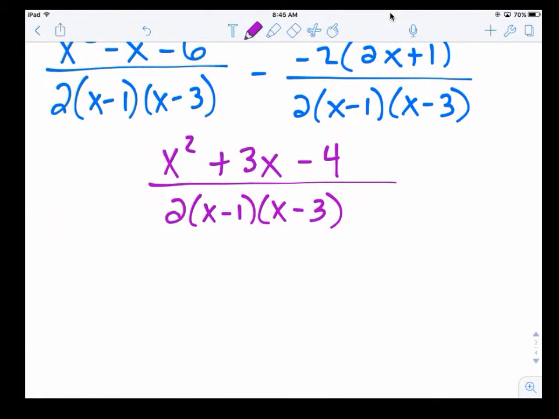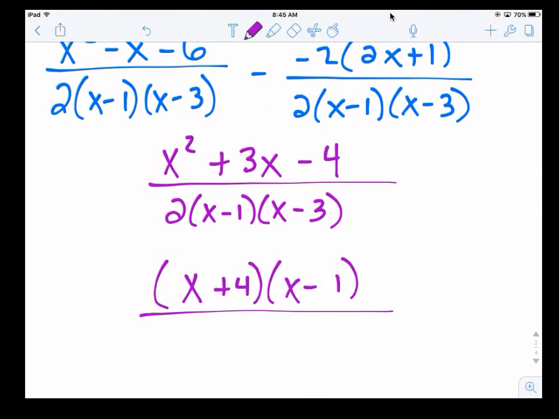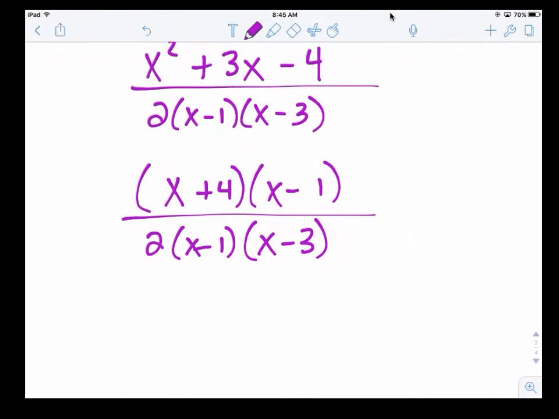Okay. Can you factor the top at all? Yes, x minus 1. Good. And then I can cancel out my x minus 1s.